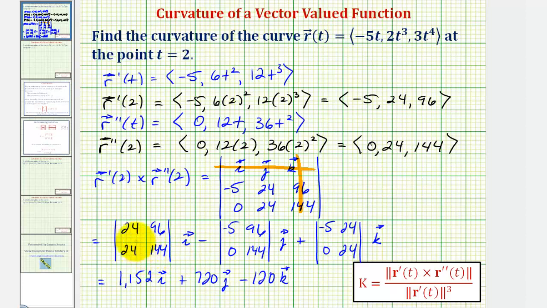Just for review, to find these 2 by 2 determinants, we would find this product minus this product for each 2 by 2 determinant. So in component form, we'd have an x component of 1,152, a y component of 720, and a z component of -120.